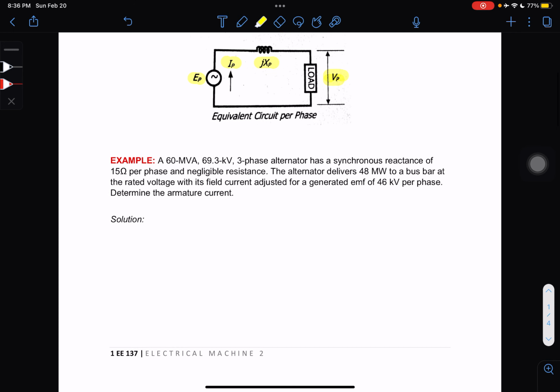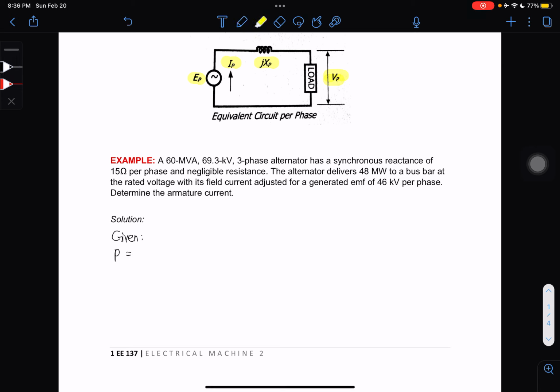So, sa ato ang problem, naa siya given. First, we need to write our given first. Nanghatag siya P. Ang power na to, pila yung gihatag.